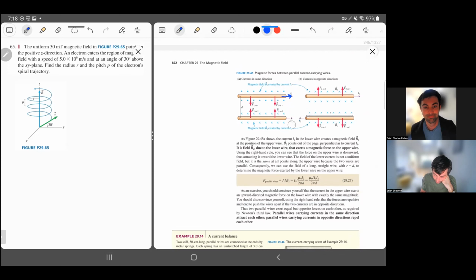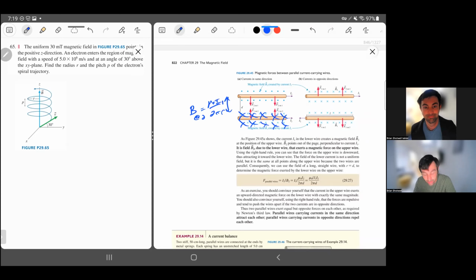The way you would analyze this is, this first wire creates a magnetic field at the location of wire 2. That's what these X's are. B at the location of wire 2 is mu naught I1 over 2 pi r, the current in wire 1 over 2 pi r.